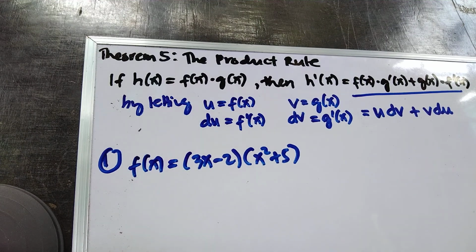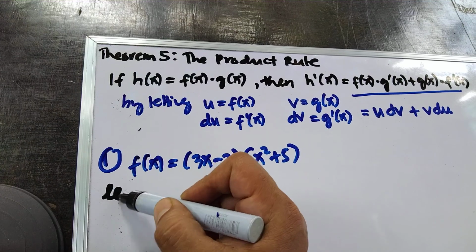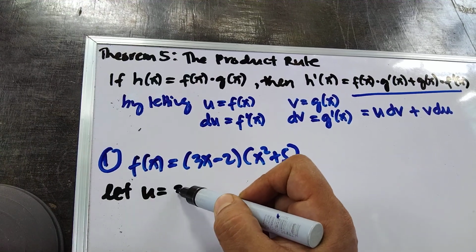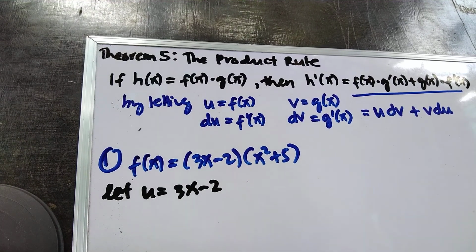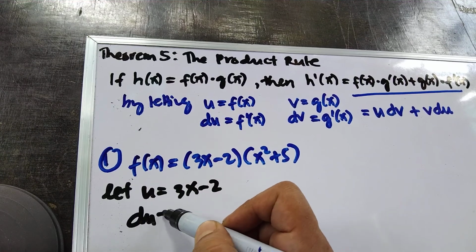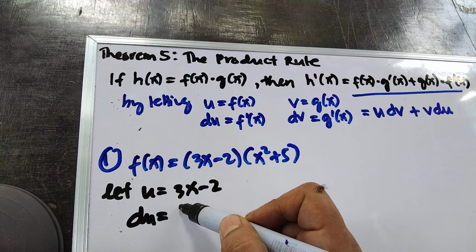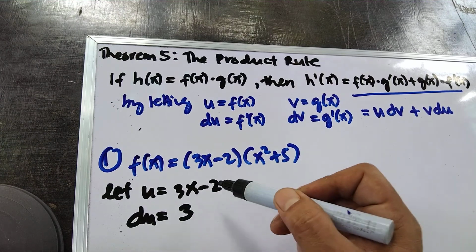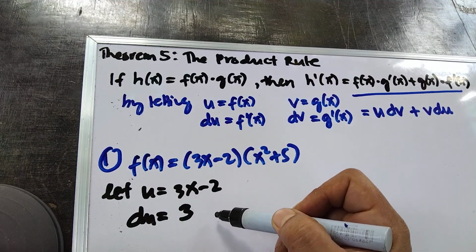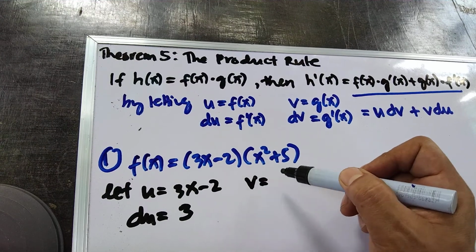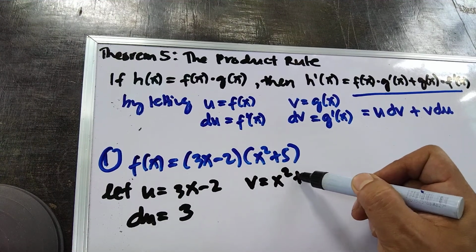First, we will use this technique. We let u be equal to 3x minus 2. So we have the derivative of u. What's the derivative of 3x minus 2? The derivative of 3x is only 3, because the derivative of negative 2 is 0. Then we let v equal to x squared plus 5.